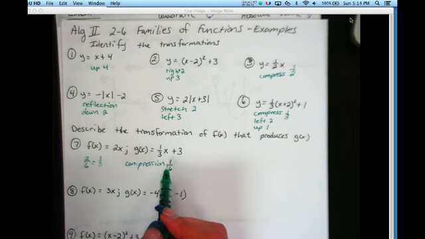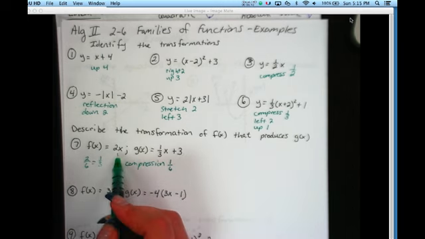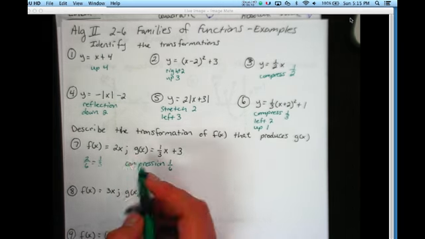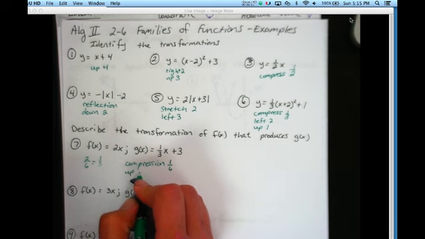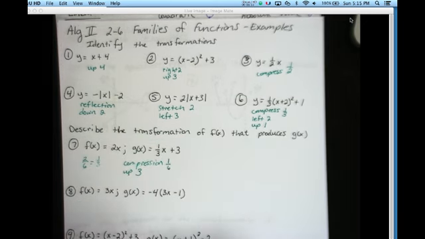Okay, now the other thing that I did is I added this 3 here. So that's going to move this equation up 3 spaces. So the other transformation would be up 3. Okay, for the next one, to go from this equation to this equation, when I look at it, I still have that 3x here.